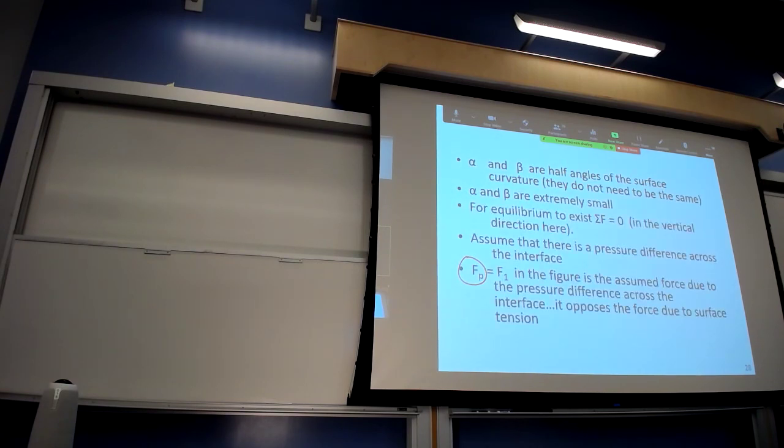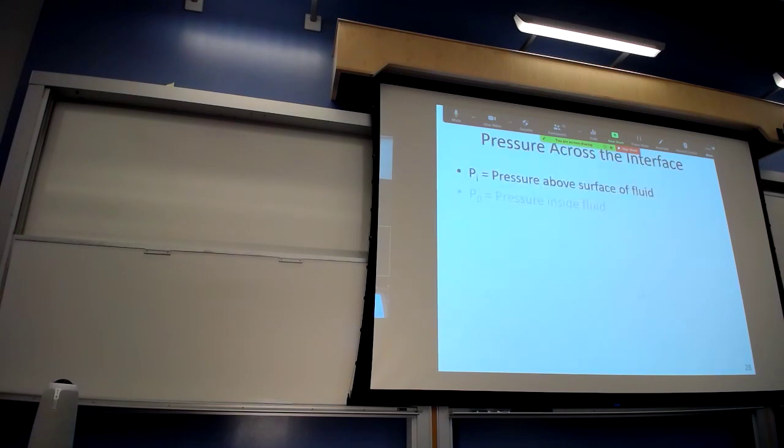So again, we're defining these angles, and we're going to get rid of them. We want to put them in terms of things we can measure. These are very hard to measure. And again, the surface tension is only acting along the edges of this element, or this coupon, as I call it. So, we've got the pressure above, as we've already discussed, and we have pressure inside the fluid, but they're right at the interface.